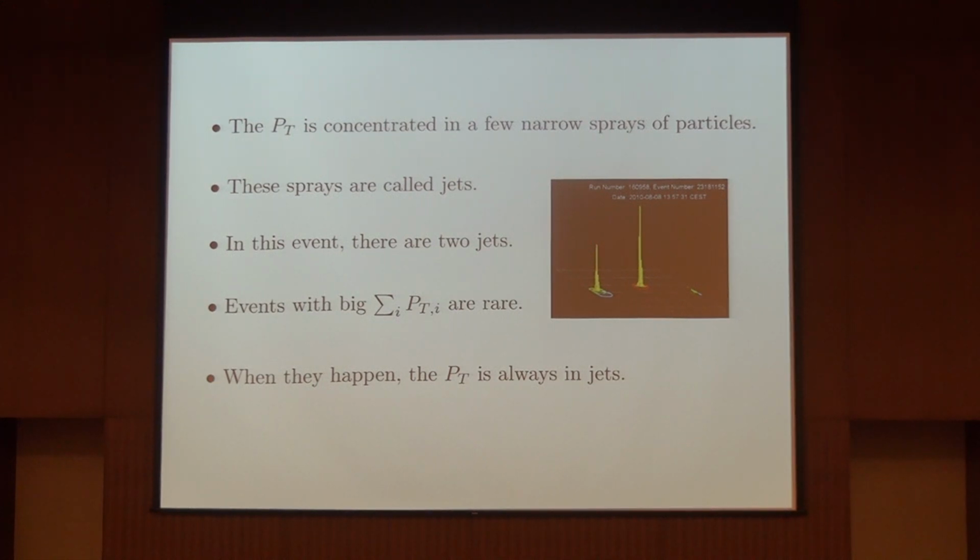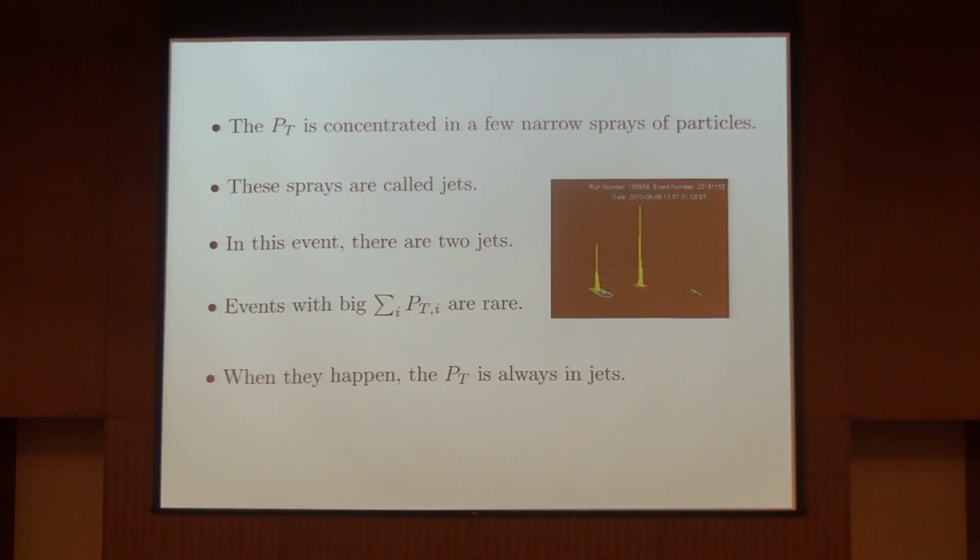And those you call jets. The event that I just put up here is the one with 2 jets. Now, these are kind of rare events. These are 1 out of 1,000 or 100,000 events. The LHC throws away most of the events it sees.